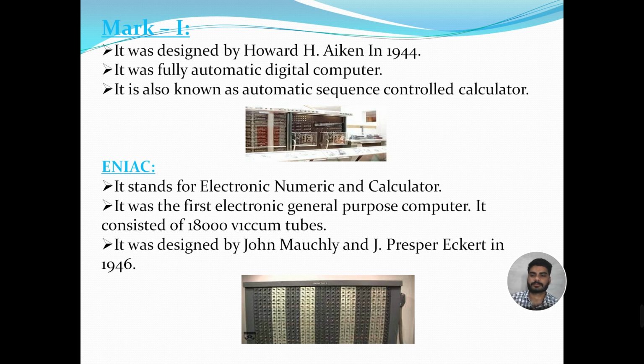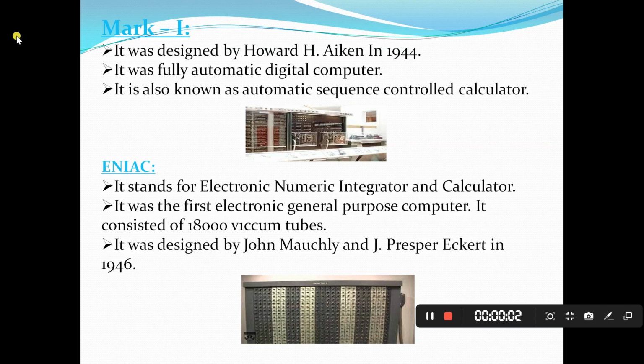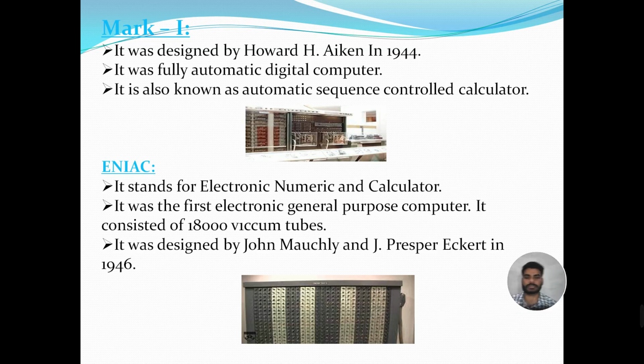Let's see about our next device, that is ENIAC. It stands for Electronic Numerical Integrator and Calculator. It was the first electronic general-purpose computer that consisted of 18,000 vacuum tubes. Vacuum tubes were used in these devices for storage and processing purposes.